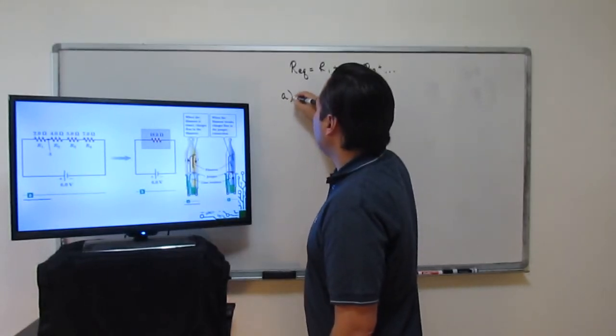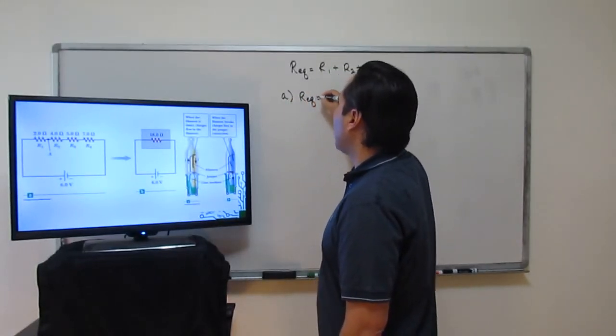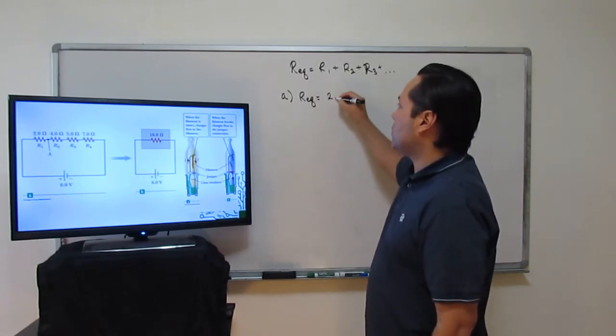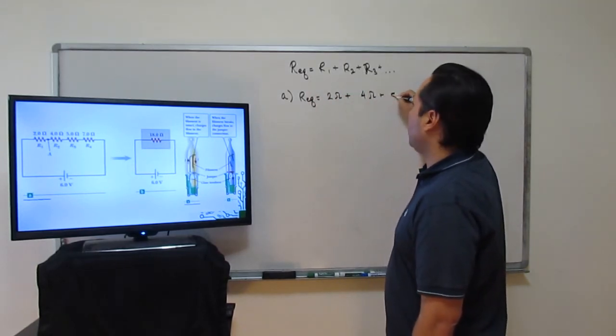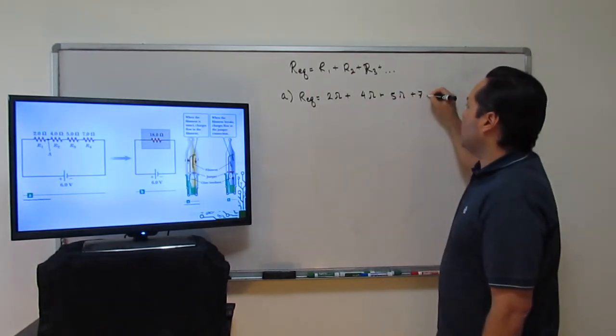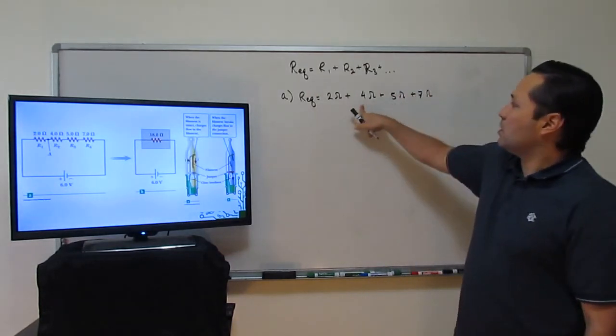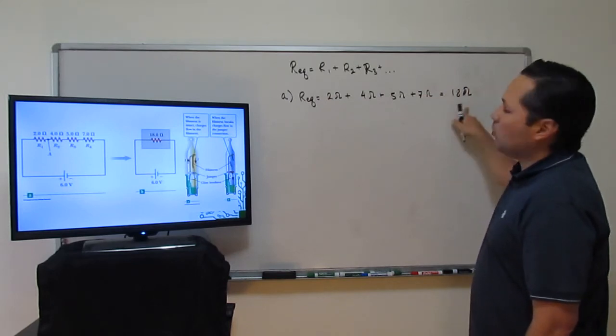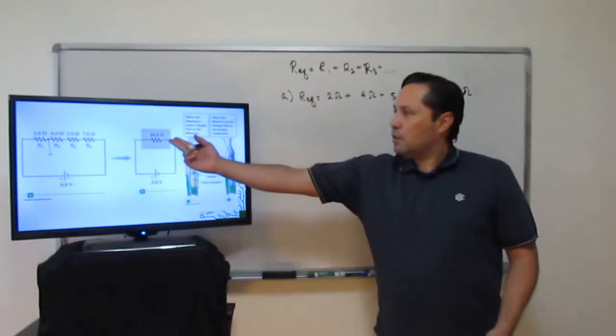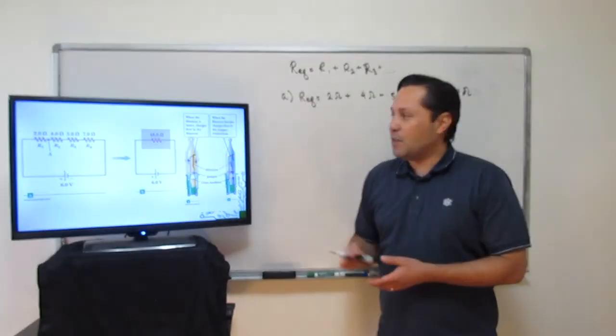So part A is as simple as adding them all together: 2 ohms plus 4 ohms plus 5 ohms plus 7 ohms, that's 6, 11, 18 ohms total. That will be the equivalent resistance for part A. Notice that in the diagram next to it, it is already given.